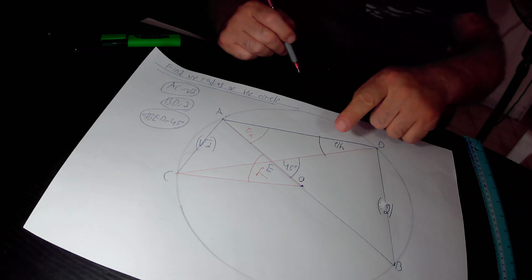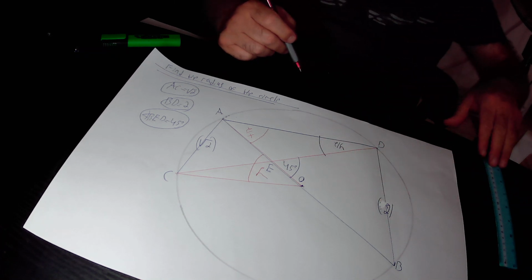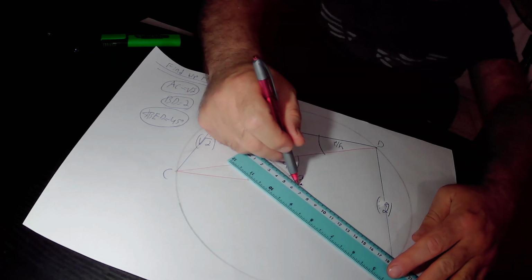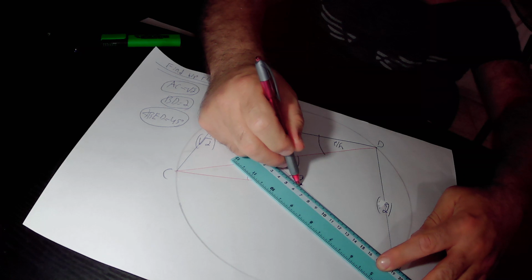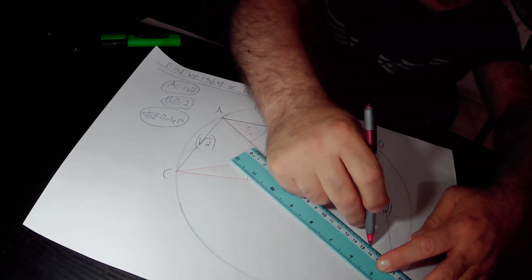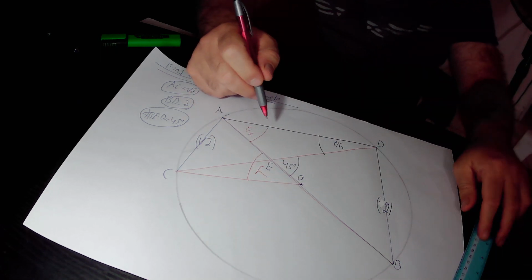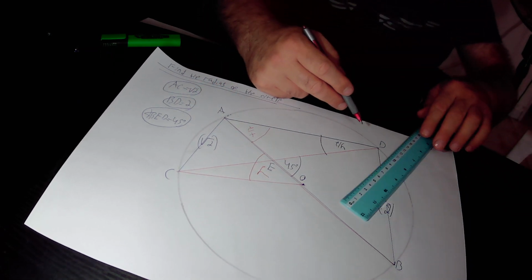In the next step, we'll join points O and B together by a straight line. And we will also join points O and D together by a straight line.